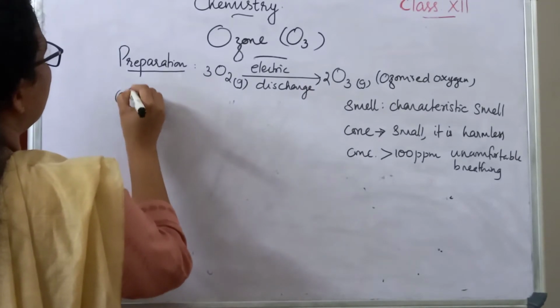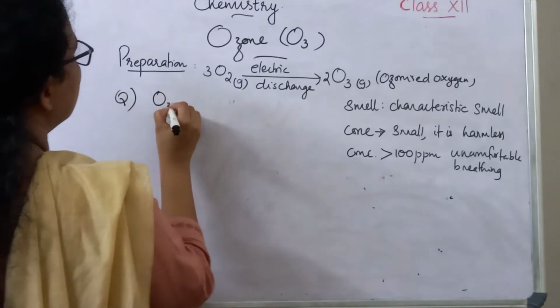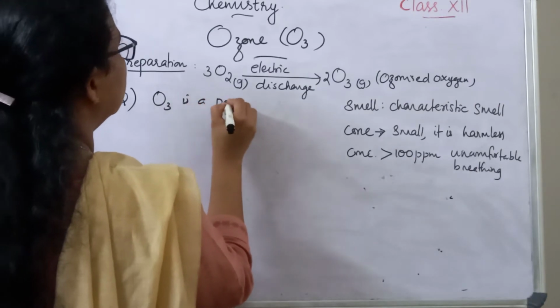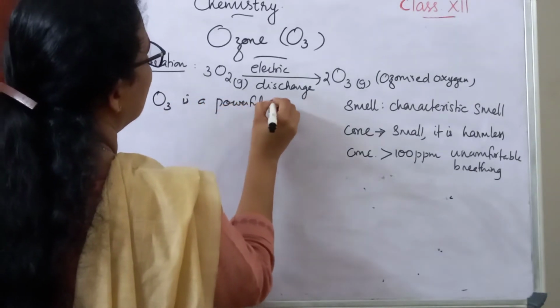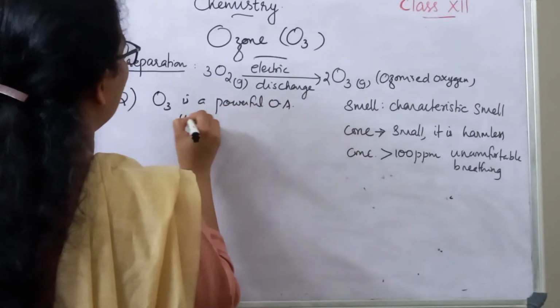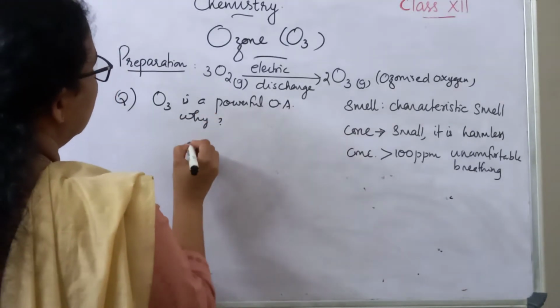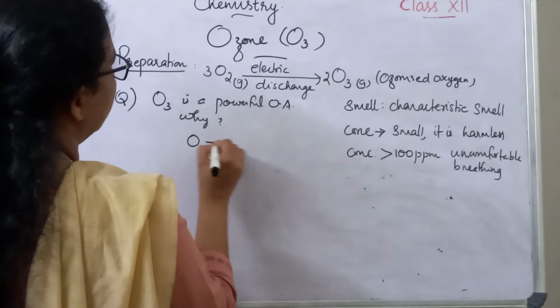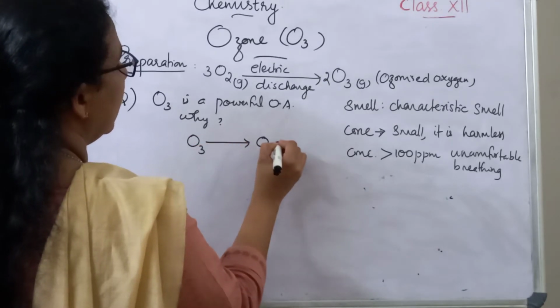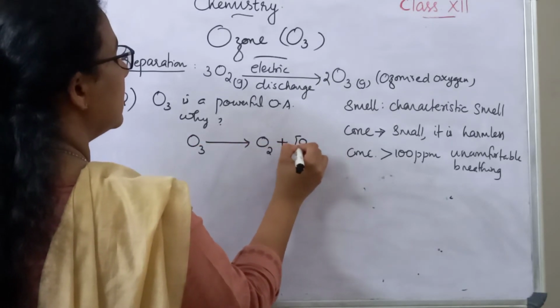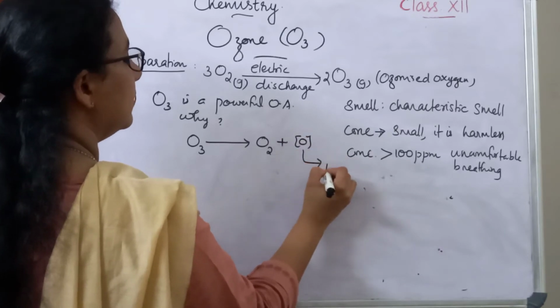That is also a question. Here we can say ozone is converted to oxygen and it produces nascent oxygen.